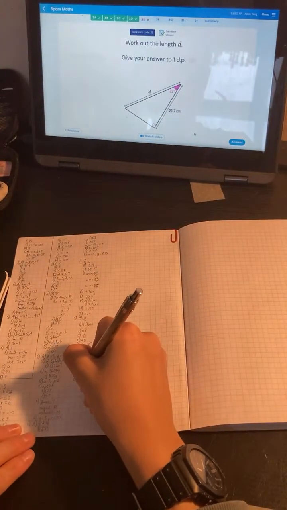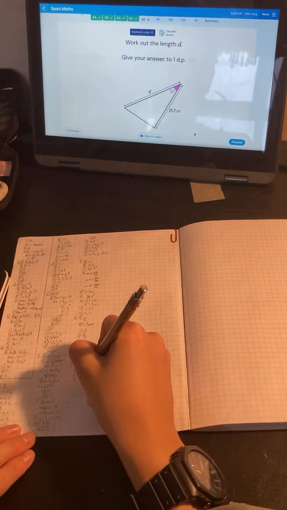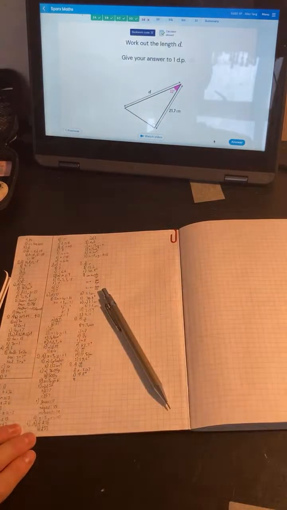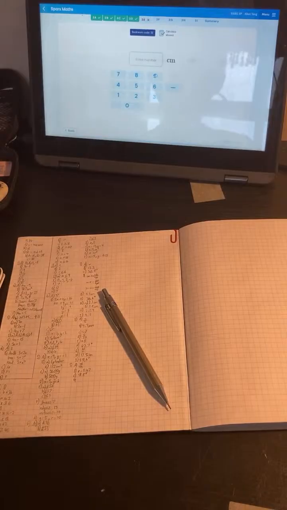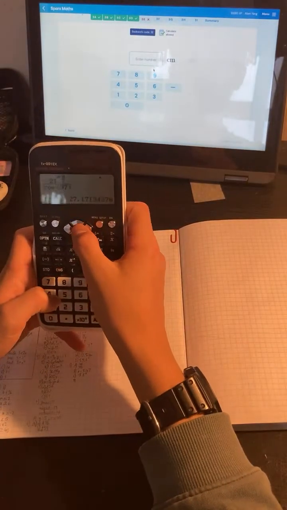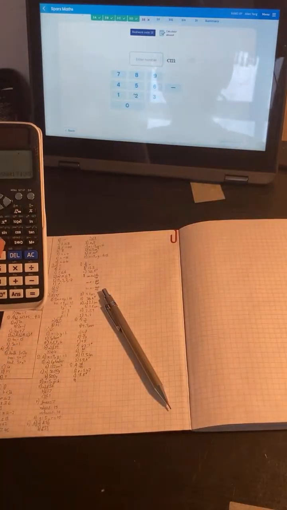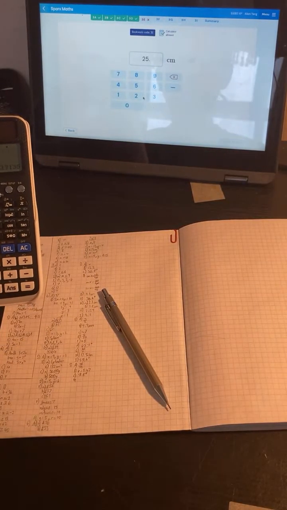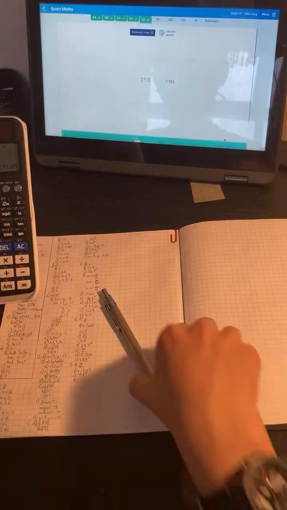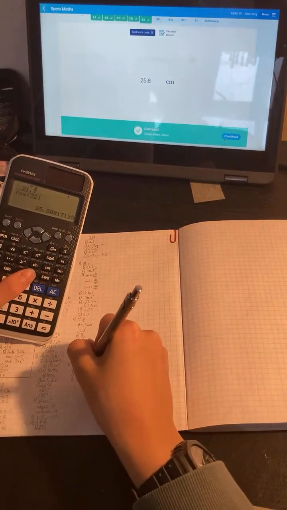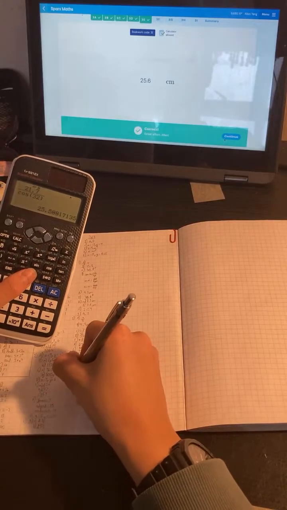Cosine of 32 equals 21.7 over d. Oh, it's 32. I'm so smart. So d is 25.6 centimeters. E.